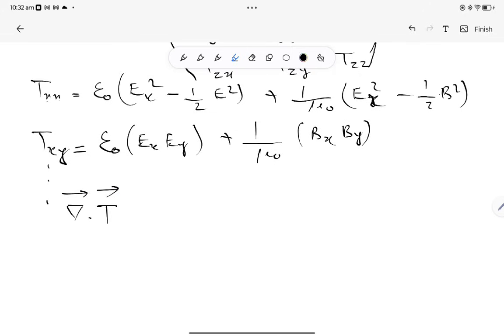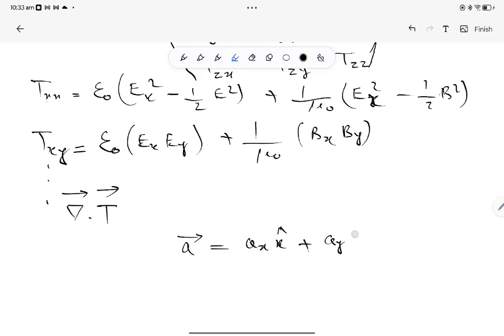Now if you talk about dot product between two vectors, that is a scalar. No doubt about that. A is equal to, say, ax x cap. I'm not writing i cap because I'm using i here as indices.